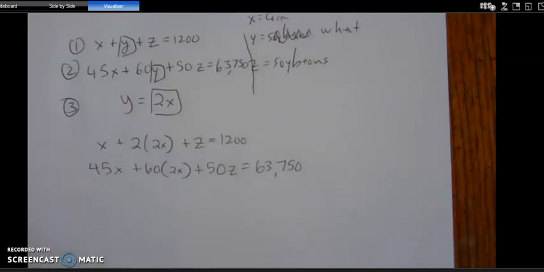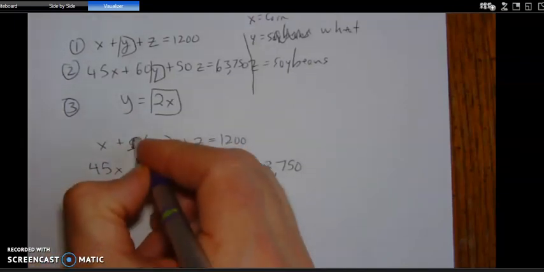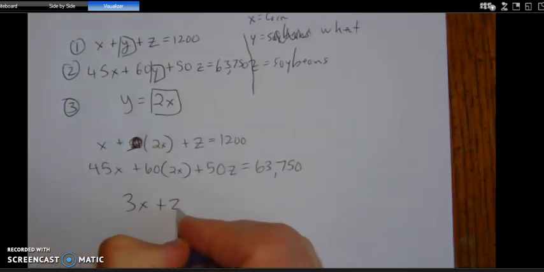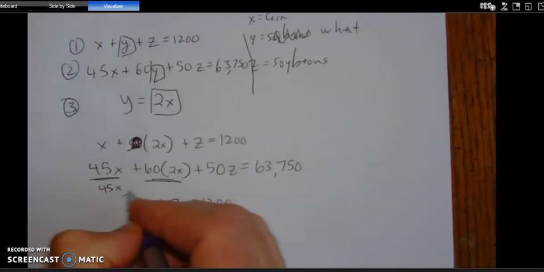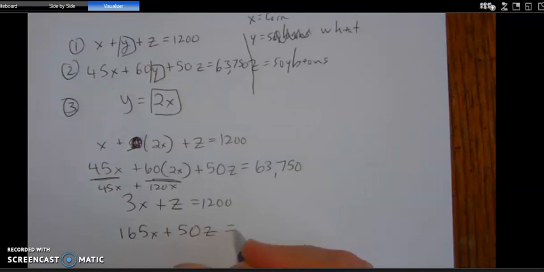So then what we have here is x plus 2x, so that's just 3x, plus z is the 1,200, and then these two, 45x plus 120x, that's equal to 165x, and then plus 50z is the same as 63,750.